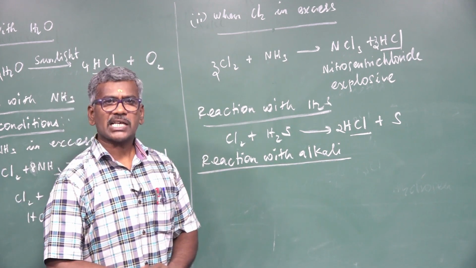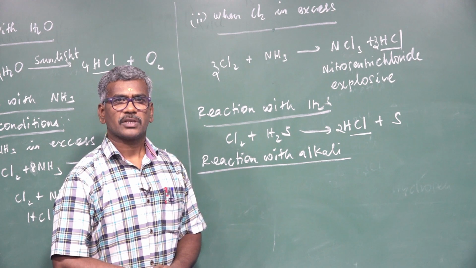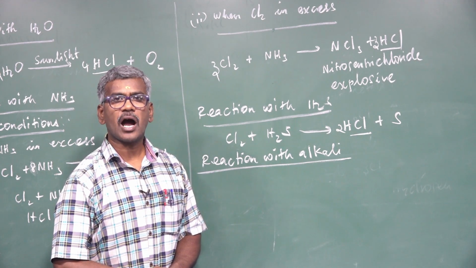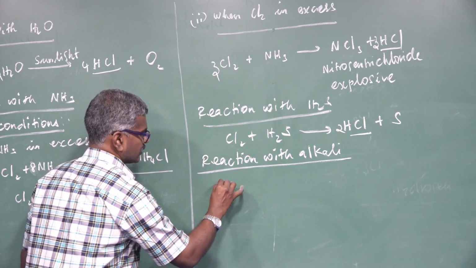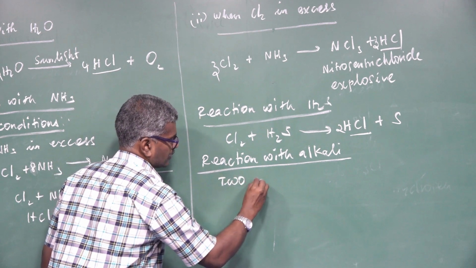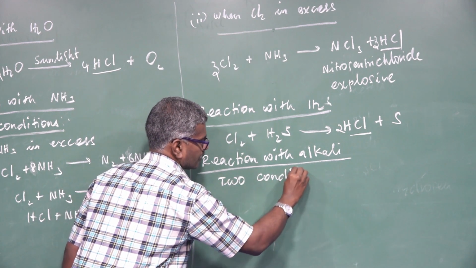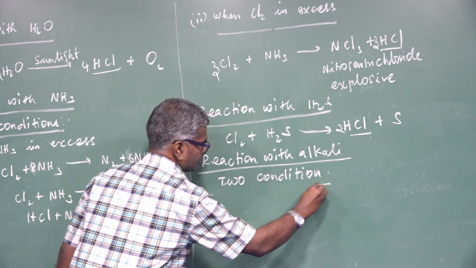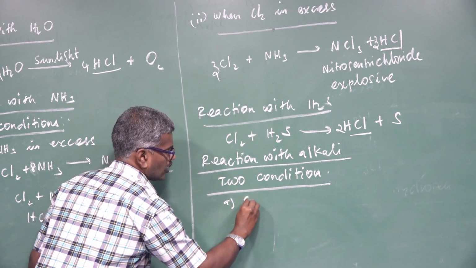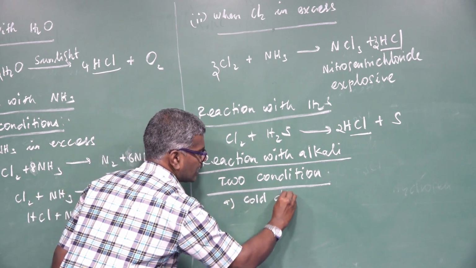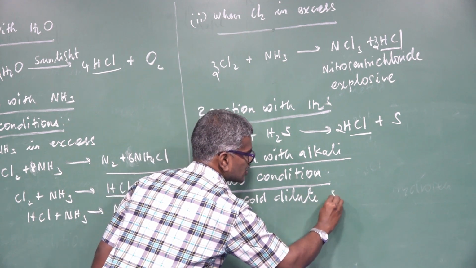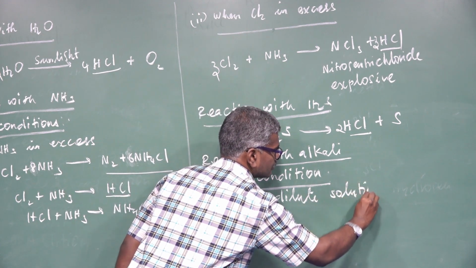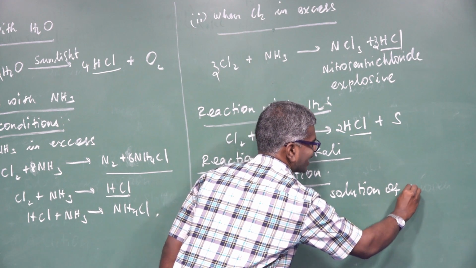Chlorine reacts with the alkali. There are 2 conditions: cold dilute condition and hot concentrated condition. First one, cold dilute solution of alkali.